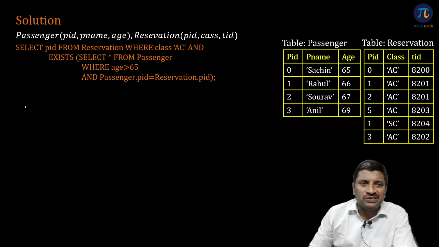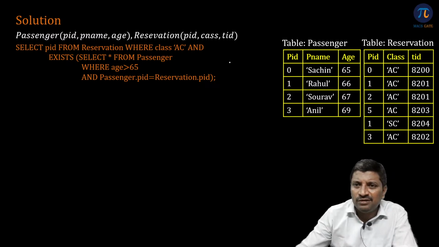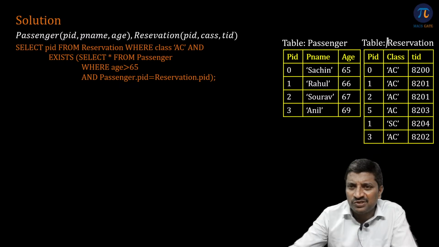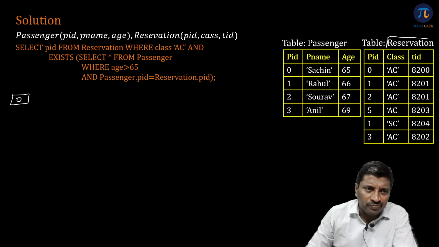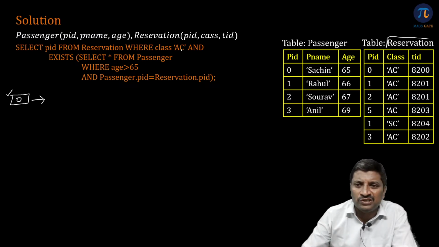So first, let us consider from the reservation table, right? This is my reservation table. It will consider the first record, zero. Zero passenger ID it is considering, sir. What you will do is check whether the class equal to AC or not. Yes.